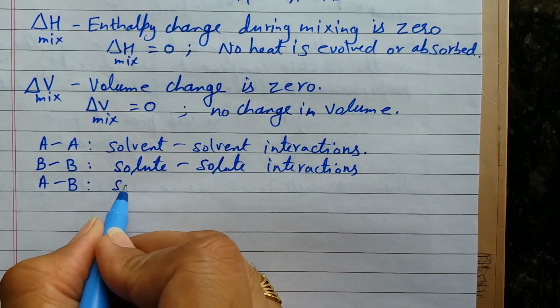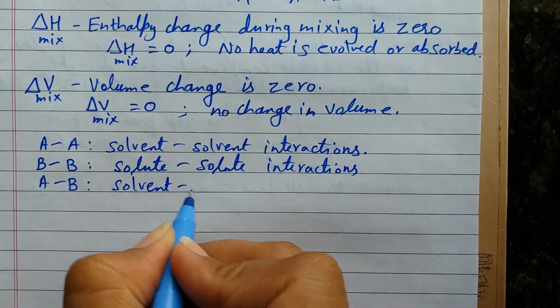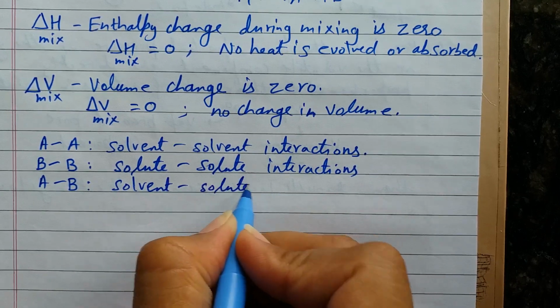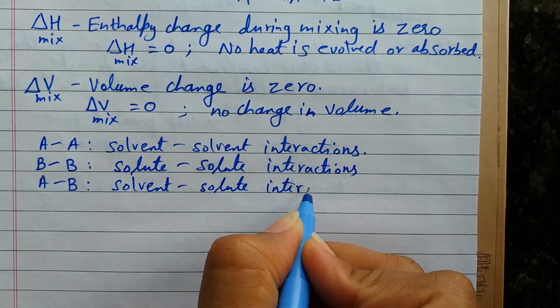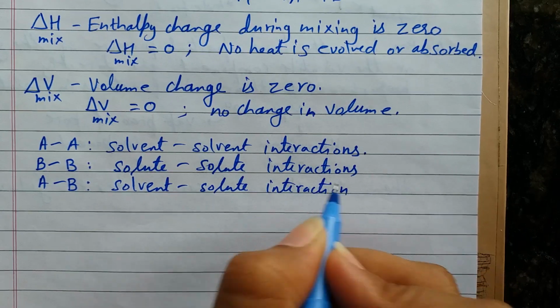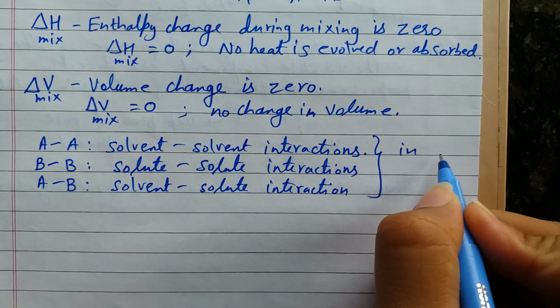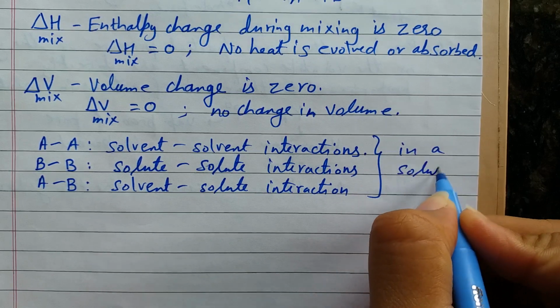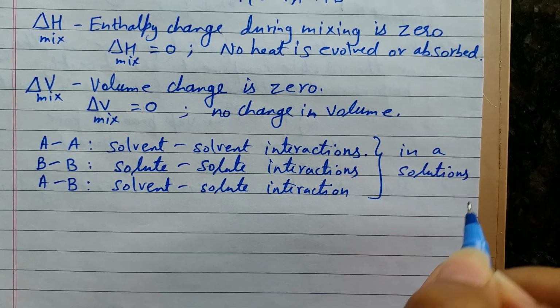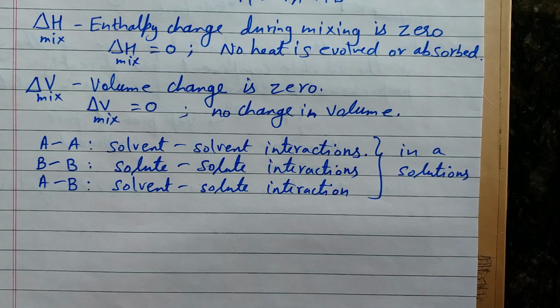AB is going to be the solvent-solute interactions. So in a solution, when you mix A and B, all these three interactions will be there. A will be interacting with A, B will be interacting with B, and A will be interacting with B also.